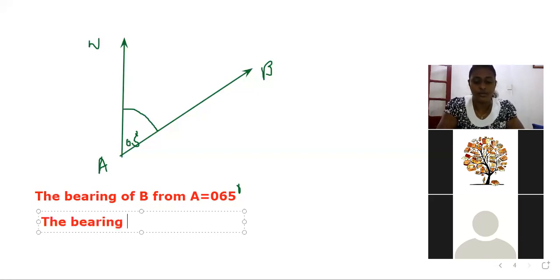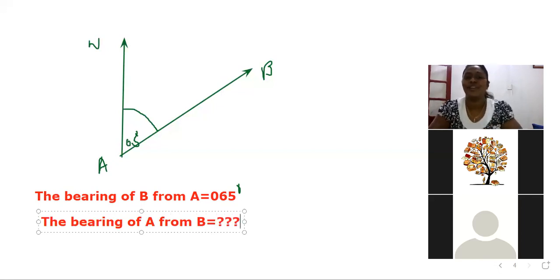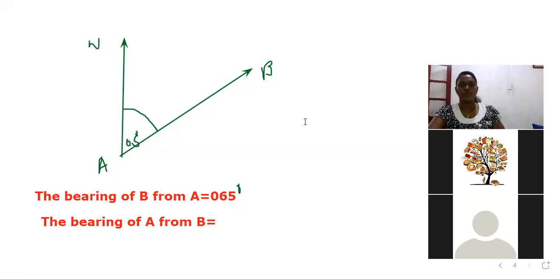The bearing of A from B. This is what is asked from us. Okay. Now how to find this? That is our question. Now this much only you can draw from this figure. When they ask the bearing of B from A, to A you kept north and drew the bearing clockwise.